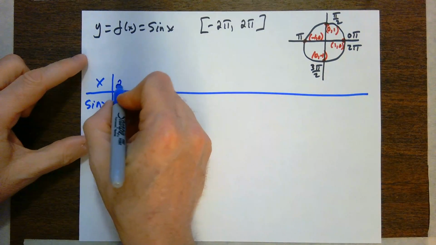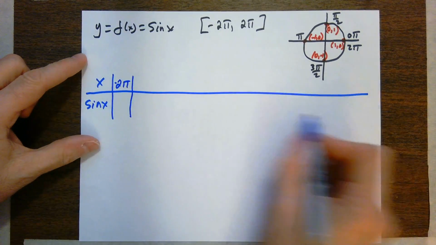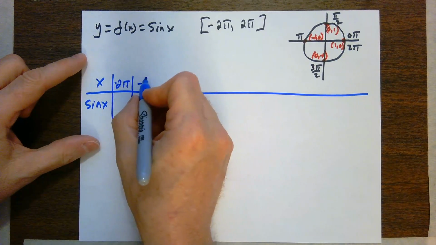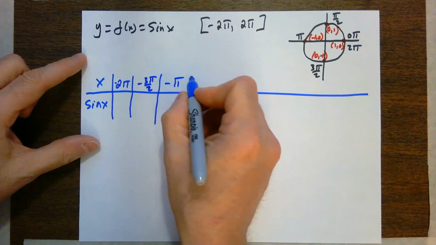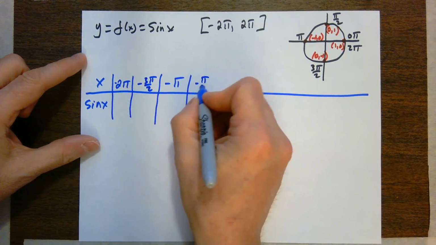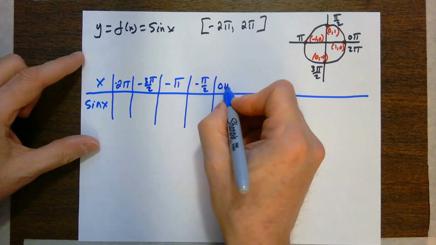So I'm going to start at negative 2 pi, and we'll fill in the sine values in a moment. Negative 3 pi over 2. Negative pi. Negative pi over 2. 0.